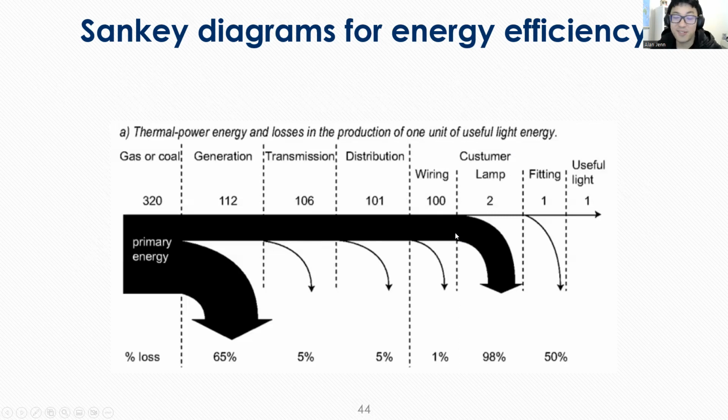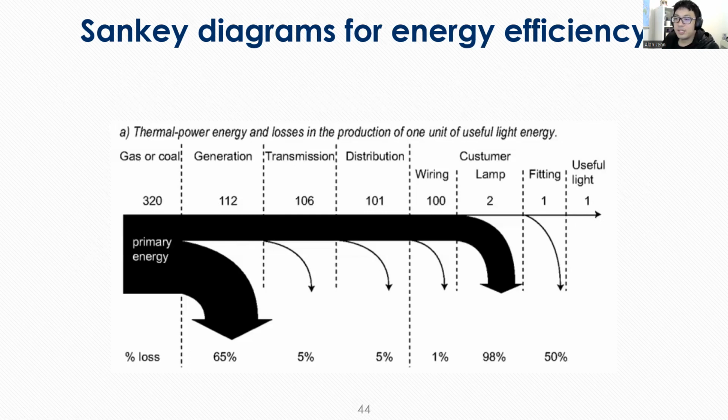This might be an inefficient incandescent light bulb, right, that we were talking about, where most of that energy is lost as heat. And then you get your 1 unit of useful light, right? And so this pathway is describing kind of a ratio of 1 to 320. So 1 end service unit divided by 320 input units of energy.